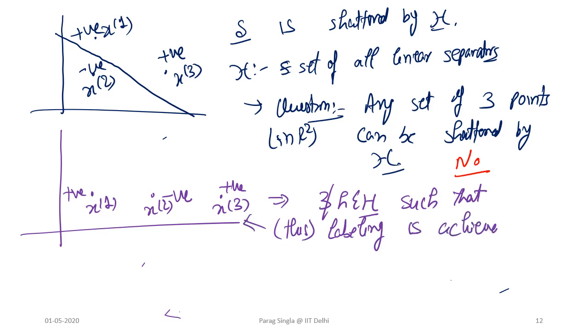So if my points are on a line, there is no hypothesis in this linear hypothesis class which can achieve this labeling. In fact, you can show that any given set of 3 points can be shattered by this linear hypothesis class unless they are collinear. And this idea will become important as we define VC dimension.